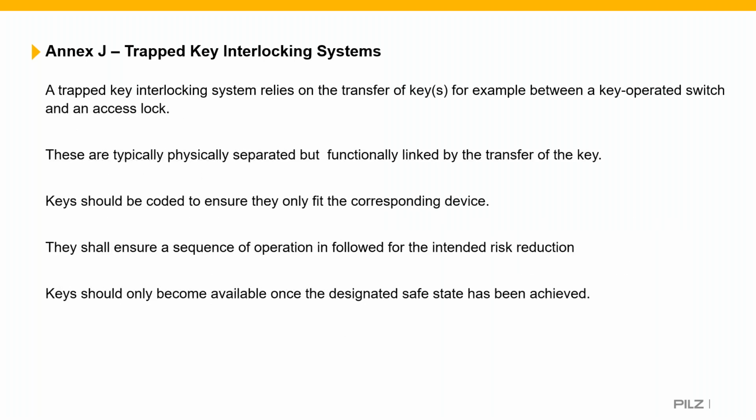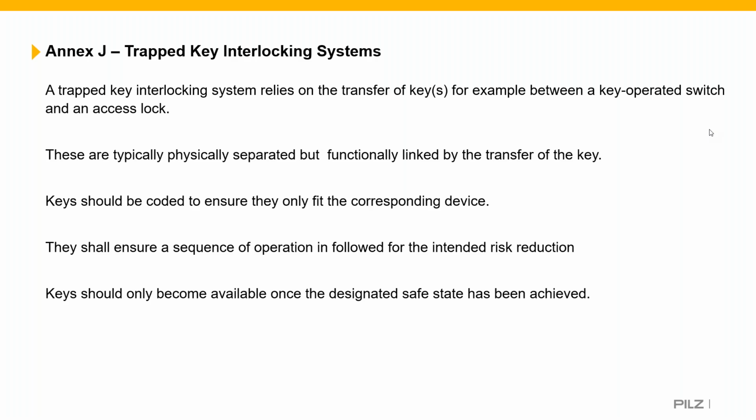So generally, a trapped key interlock system relies on the transfer of keys between the switch, which might be on a control desk or something like that, and an access lock, which is a gate onto a machine or something like that. Typically they are separated, but they are functionally linked, and that function relies on the transfer of the key.